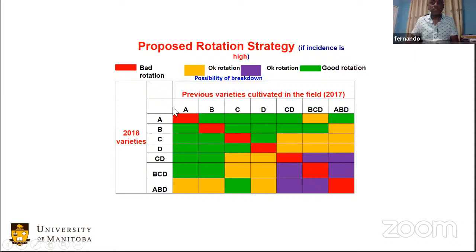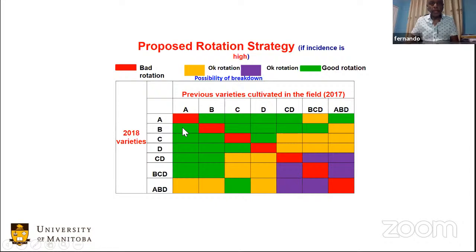Why? Because you have a lot of inoculum if there has been disease. So when there has been a lot of disease, you should not be growing that. You should be able to grow all the other groups, B, C, D, and sometimes stacked genes like CD, BCD, and so on.